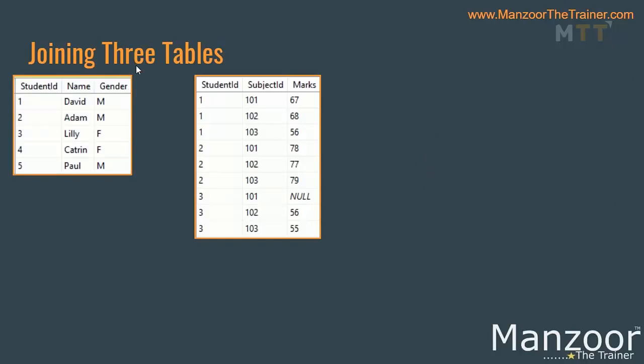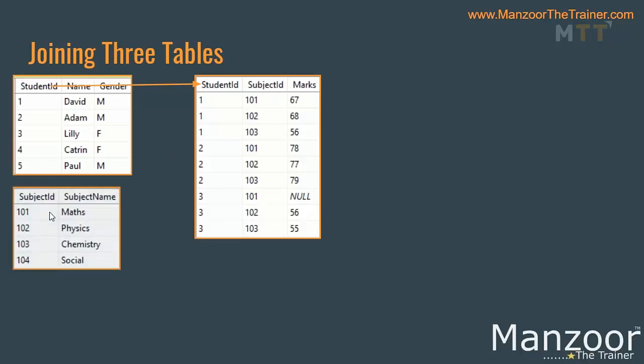Because the relationship between student and subject is many to many, you have student ID, which is acting as a foreign key here, and subject ID we are getting from the subject table, which is acting as a foreign key here, and we have marks.